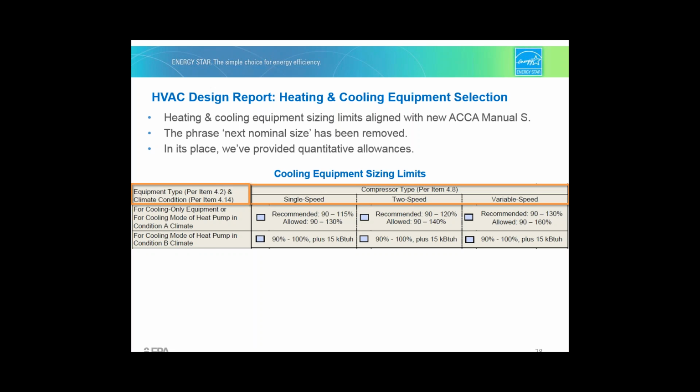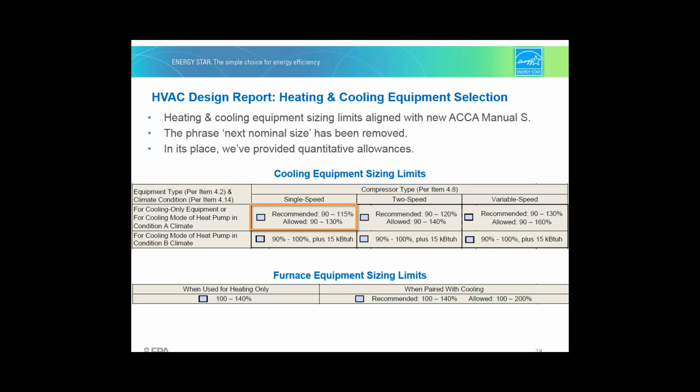So nearly all of the equipment used in ENERGY STAR homes today will fall into this box that I've highlighted here. Here we recommend that the equipment capacity be 90 to 115% of the cooling load, but we allow the capacity to be up to 130%. So remember, this numeric allowance replaces the more subjective next nominal size allowance that we used to have.